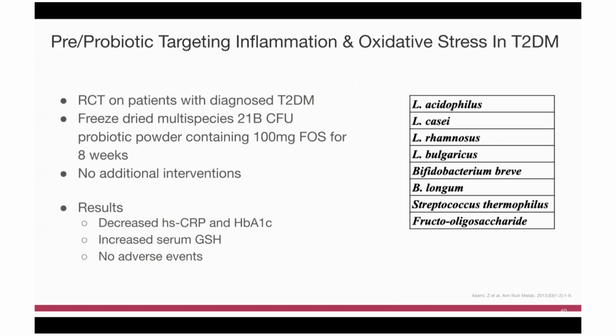It also had 100 milligrams of fructooligosaccharides in it, or FOS, and they were given this therapy for 8 weeks. They had no additional interventions. We saw improvements in inflammatory markers, as well as improvement in serum glutathione levels, suggesting a reduction in oxidative stress, right? You have a lower need for depleting your glutathione. And again, there were no adverse events.